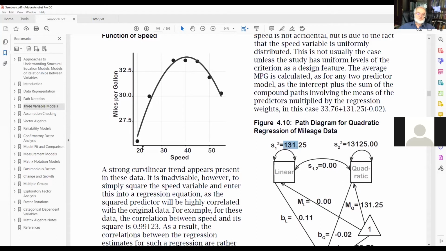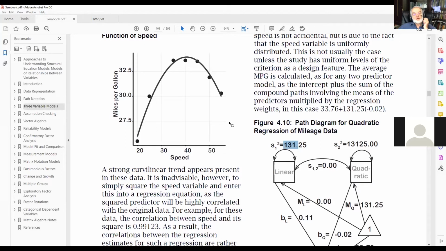Yeah, I mean, looking at the values of this predictor variable, which go from 20 to 55, it's symmetric. So I can figure out a mean here. There's an equal number of negative and an equal number of positive values.